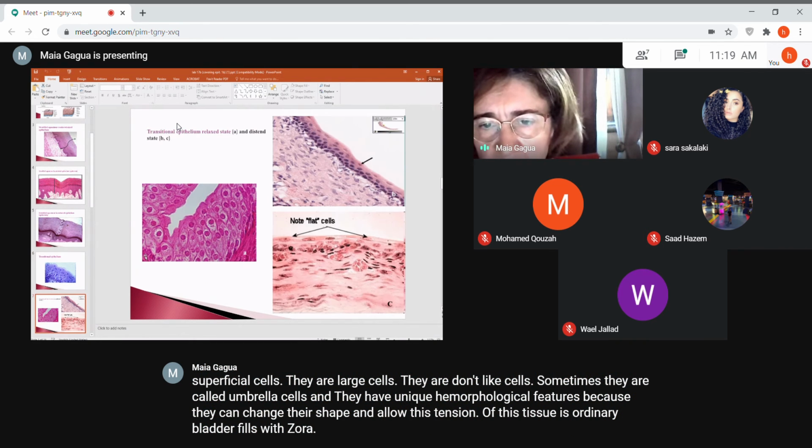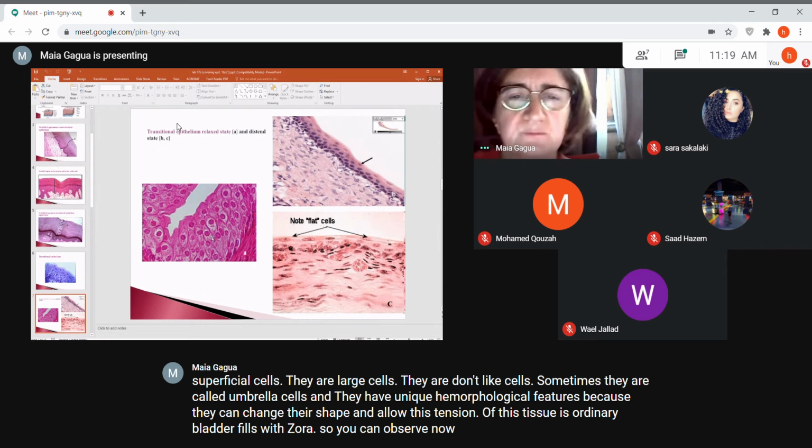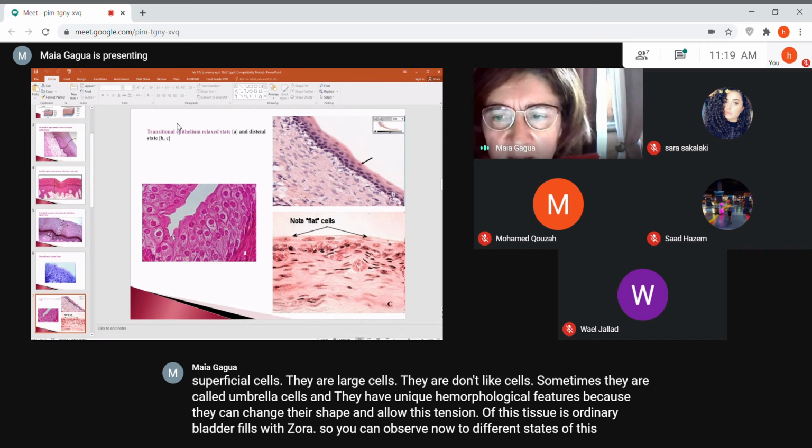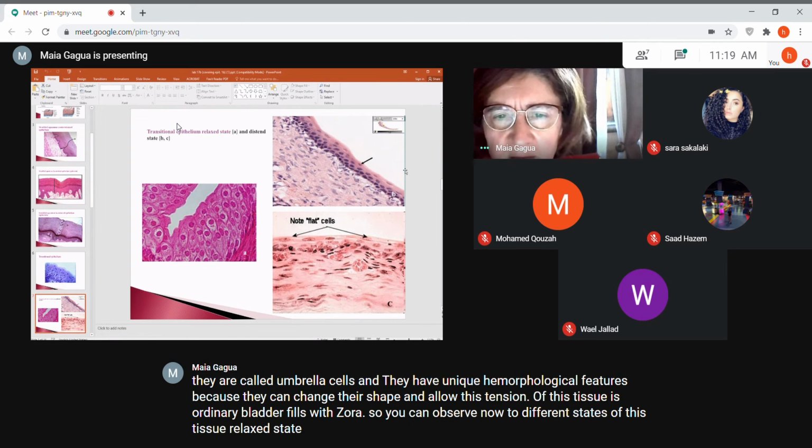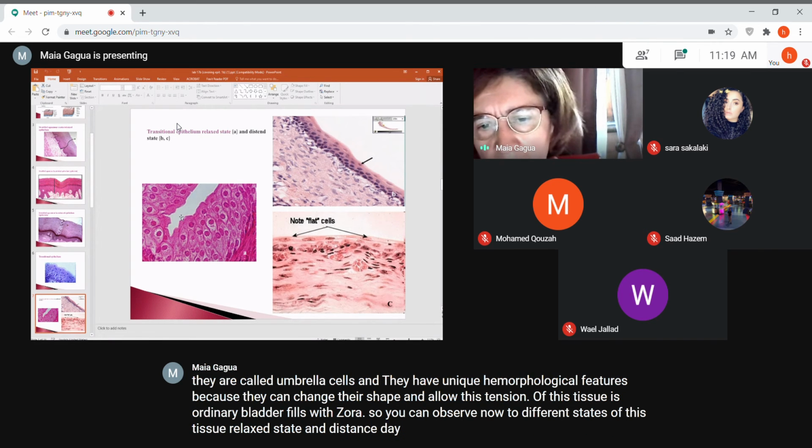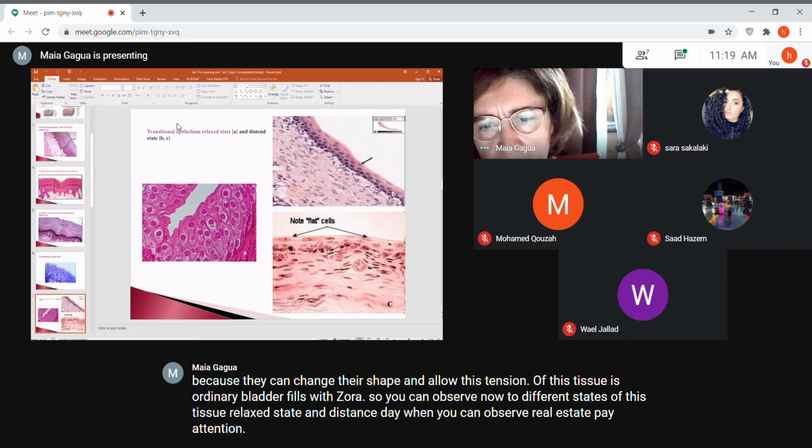So you can observe now two different states of this tissue, relaxed state and distended state. When you observe relaxed state, pay attention that superficial cells are large, dome-like cells, umbrella cells.